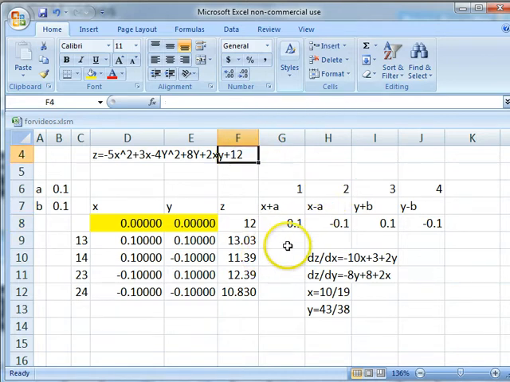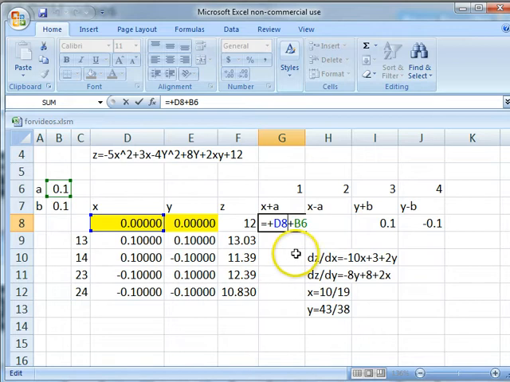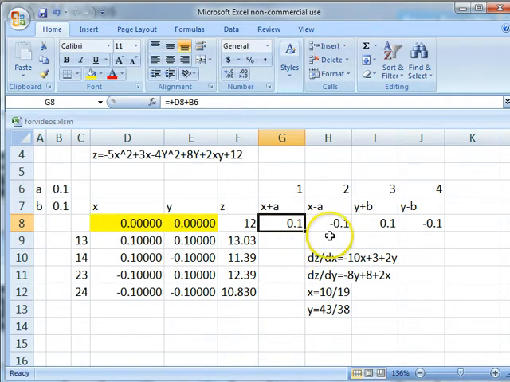And then I am defining steps at this moment for x of 0.1 and for y of 0.1, and those steps help me to figure out which are the new positions I'm going to work with. This would be 0.1 or -0.1 in x, and 0.1 and -0.1 in y.